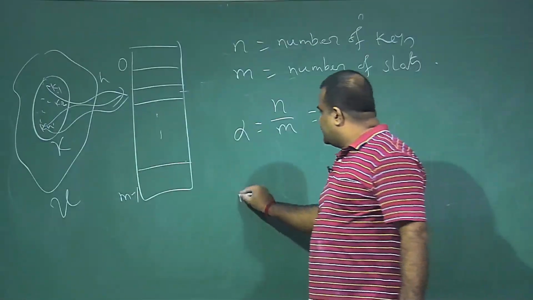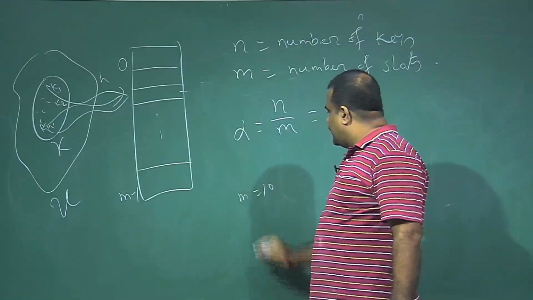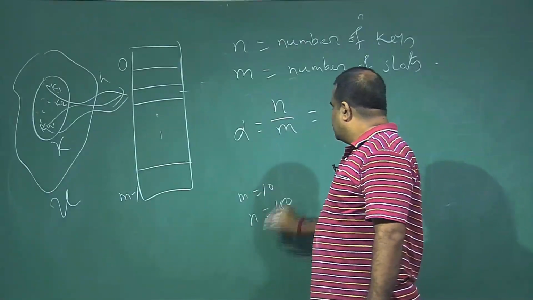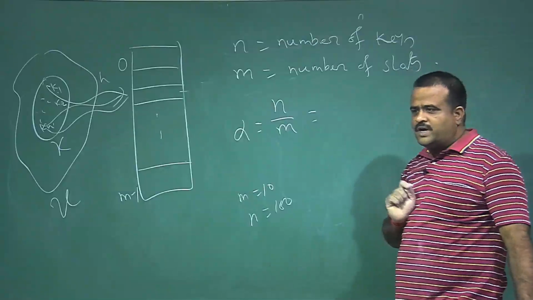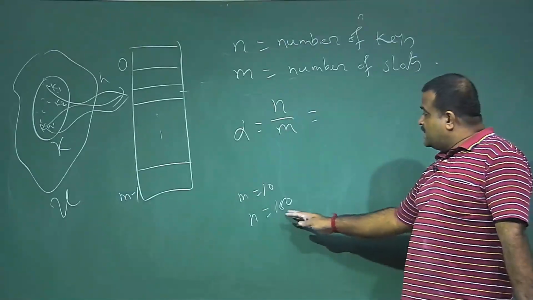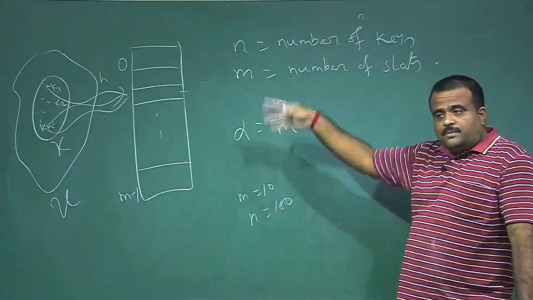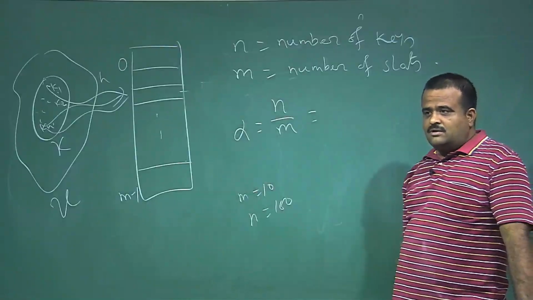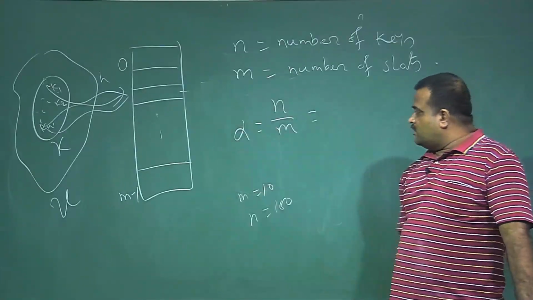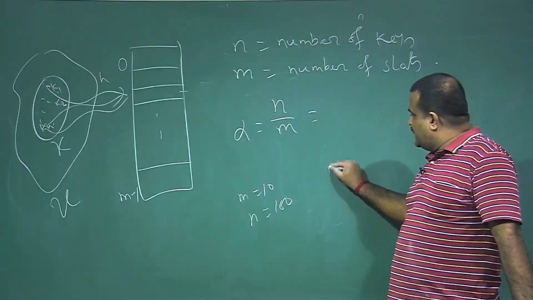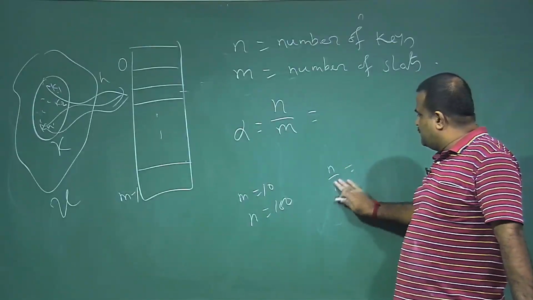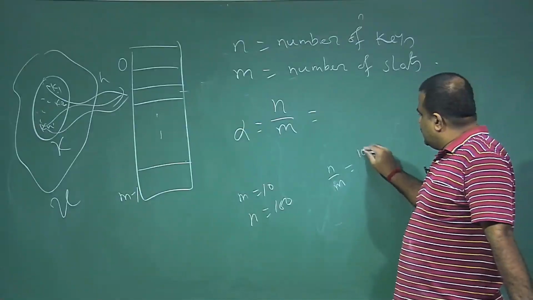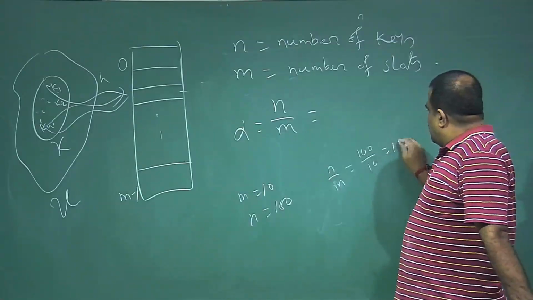So, if we have say 10 slots and 100 keys, and if our hash function is a good hash function in the sense that it is uniformly distributing the keys among the slots, then each slot will have roughly n by m, which is 100 by 10, 10 keys.